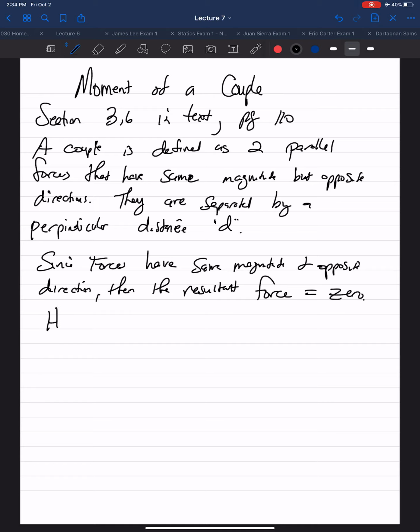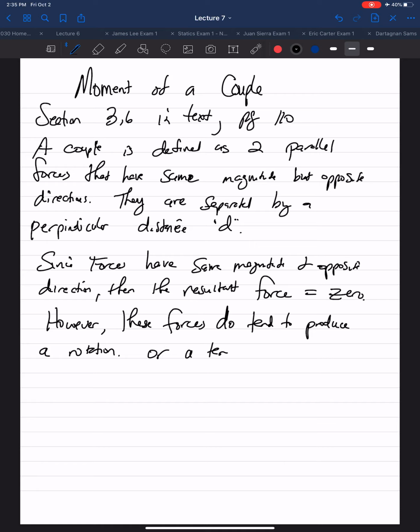However, these forces do tend to produce a rotation, or a tendency to rotate.